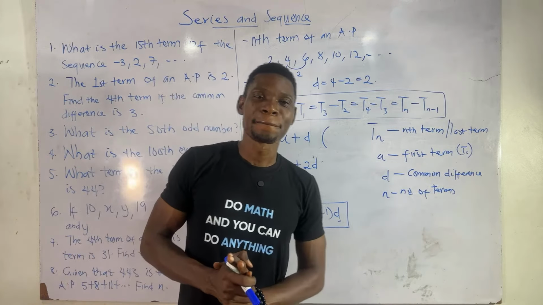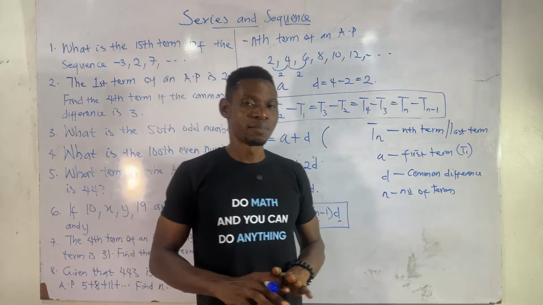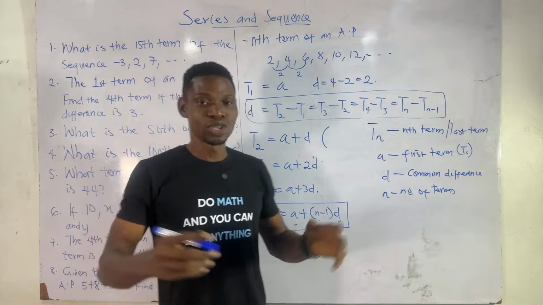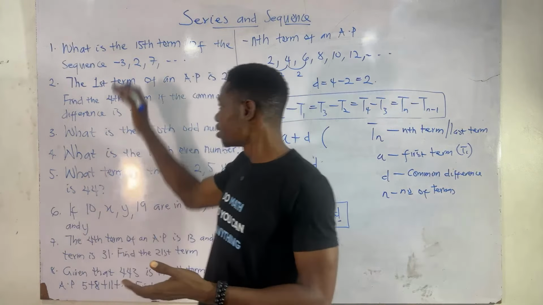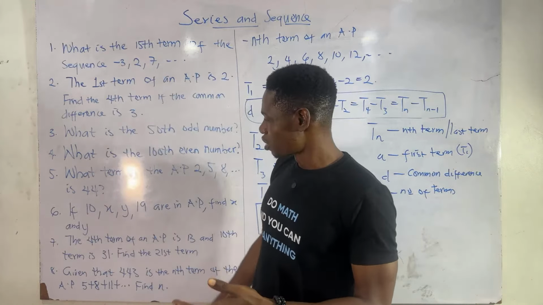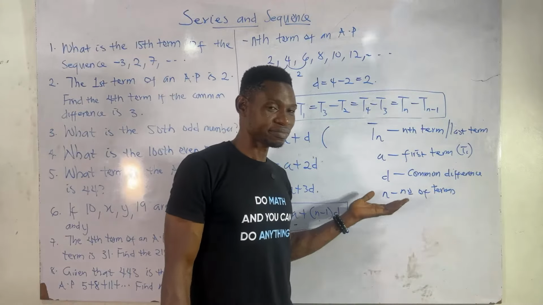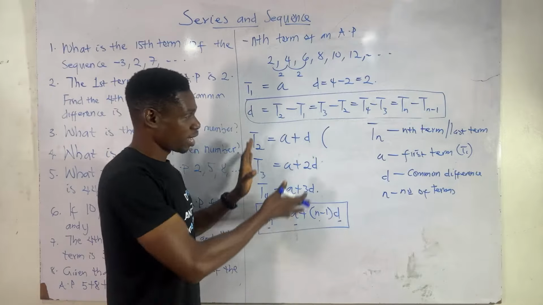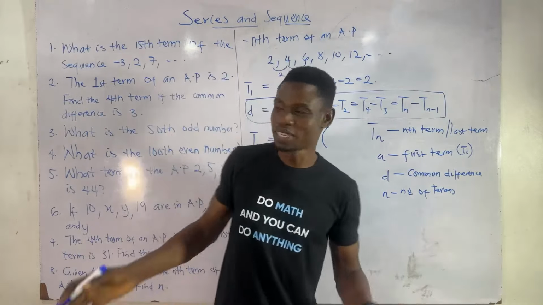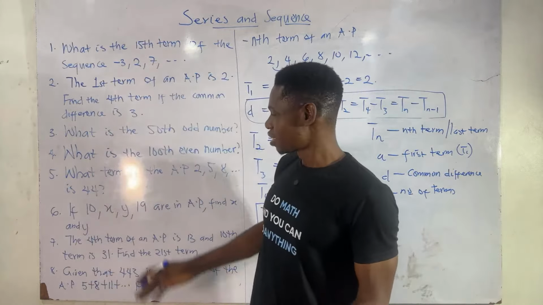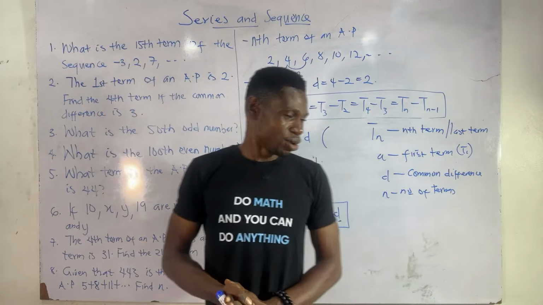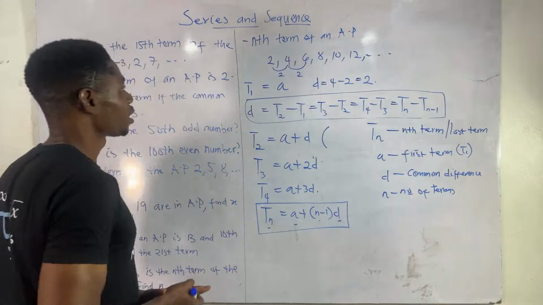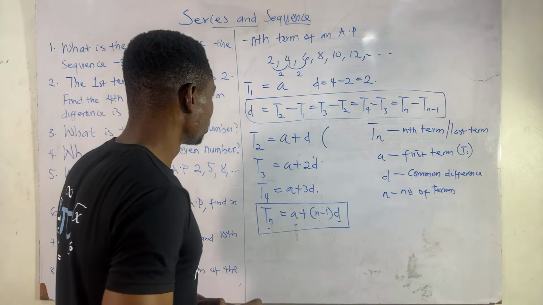So the number of terms you are treating, that's N. Okay? So with this, I believe you are clear with N terms of an AP. So we're going to solve a lot of problems. All of these problems fall under what we've learned. So let's go from understanding the formula and how it works to solving real exam standard questions. Is there anything I'm missing under N terms of an AP?